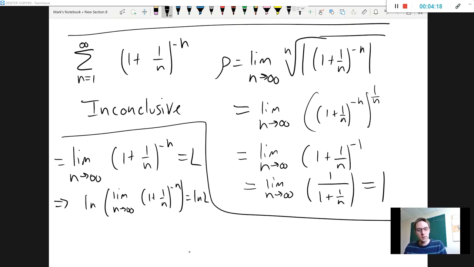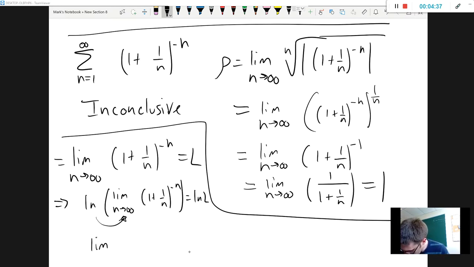All right, now the reason for this is the log is going to help us deal with this exponent of negative n. And let's just remember that in the end, what we're going to get when we take our limit is not L, but rather the log of the thing that we're actually interested in. One thing that we can do is bring the log inside, since it doesn't depend on n.